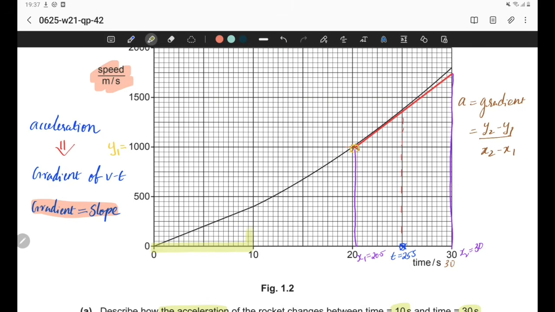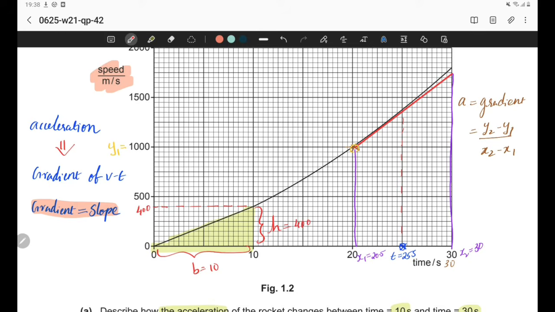So we need to calculate the area under this section for first 10 seconds, and it is a triangle. We can use the equation of the area of a triangle, that is half times base times height, where base is 10 and height is 400.